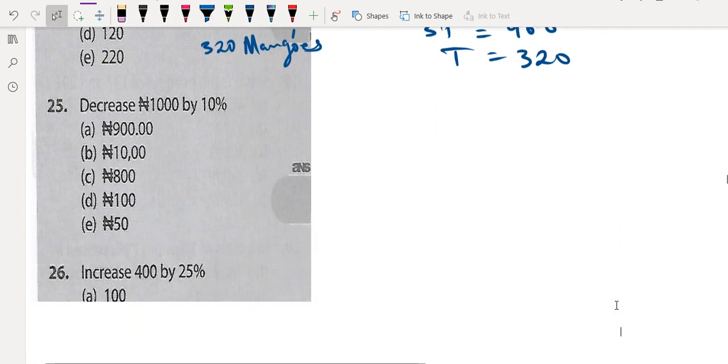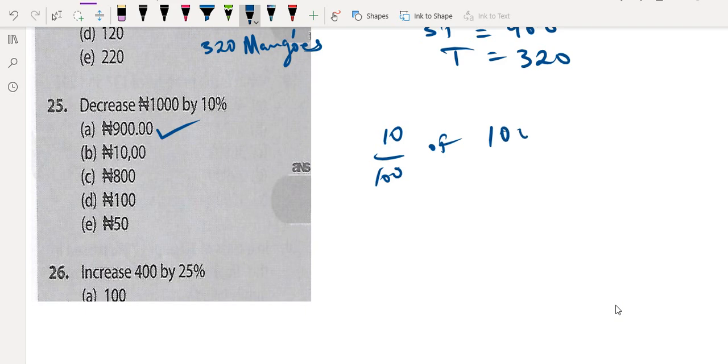Number 25. Decrease 1,000 by 10%. 10 seconds. Decrease 1,000 by 10%. What's the answer? 900 naira. Option A. So what's 10% of 1,000?